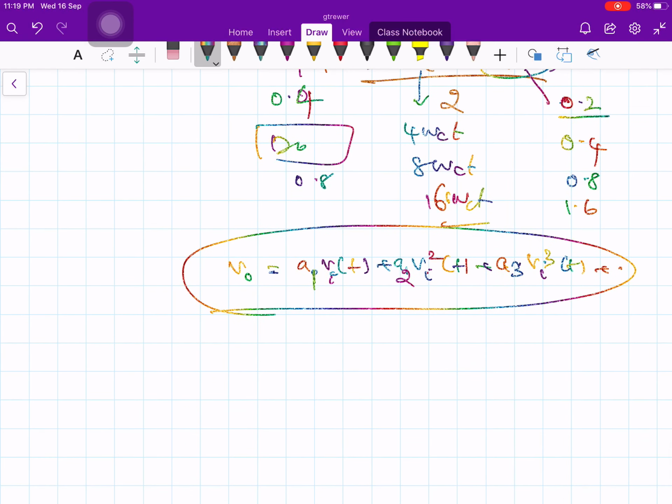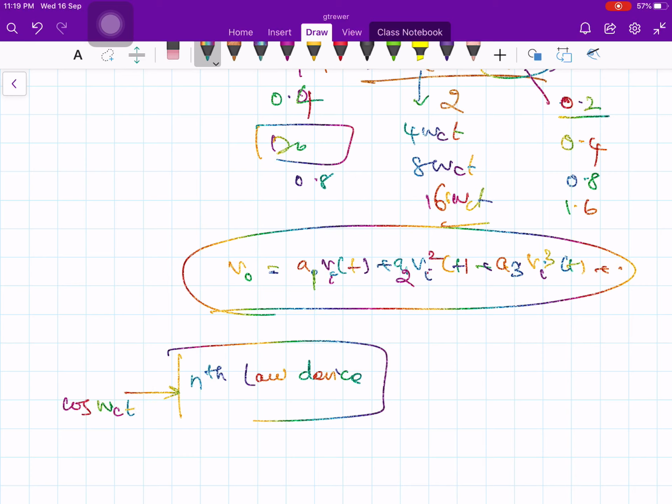Therefore an nth law device is a physical device which produces output which is the nth power of the input. If you have an nth law device, then cos omega ct becomes cos to the n of omega ct, which in turn contains cos of n omega ct.